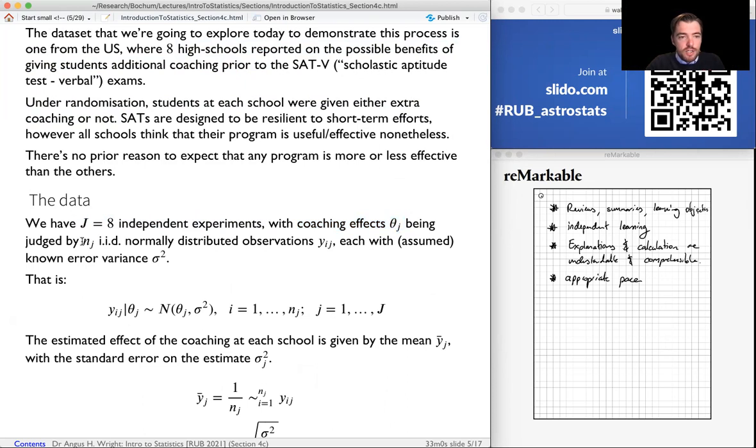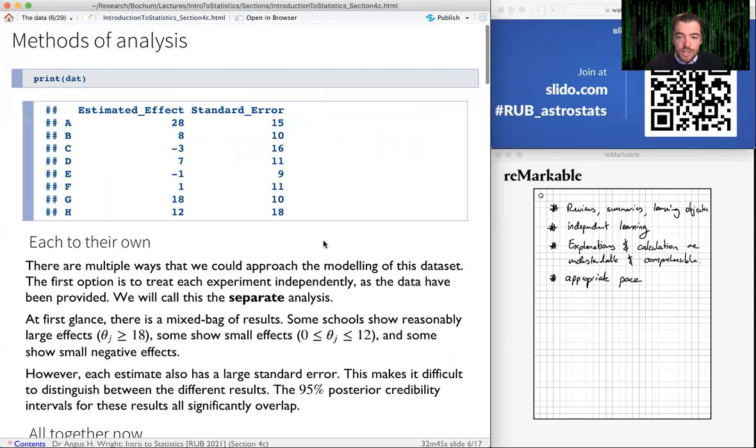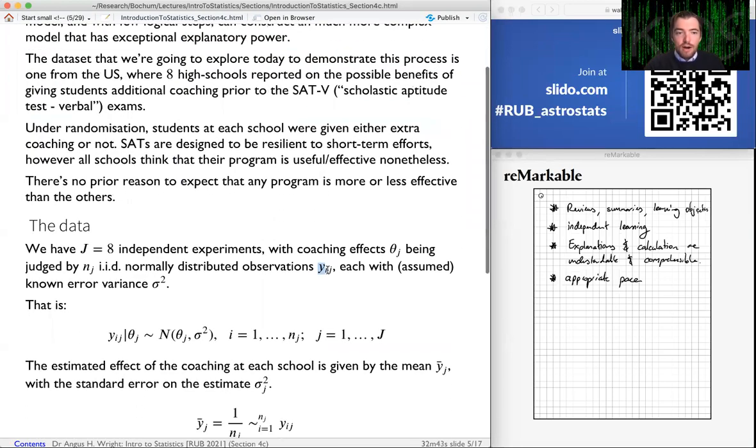And it's being judged by N_j students, which we assume are independent and identically distributed observations, where each observation is Y_ij. So the Y observation is their score, the i is the person and the j is their school. And we assume that these distributions always have a known variance, just to simplify things.